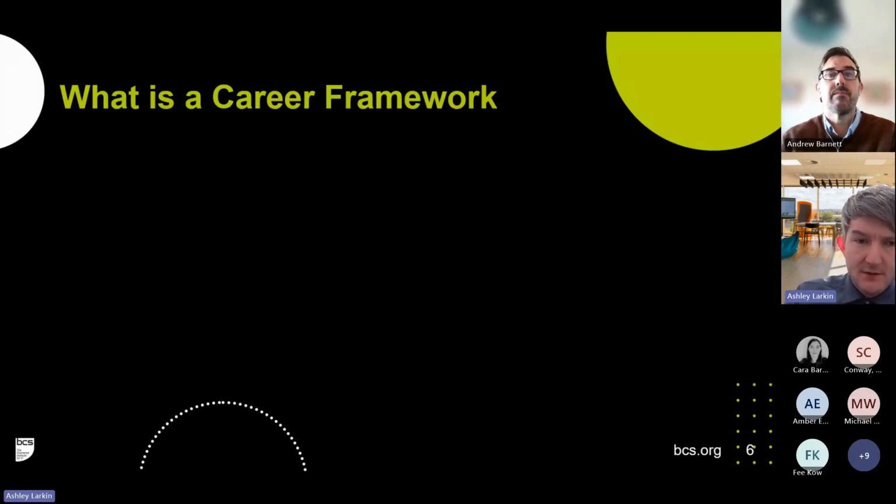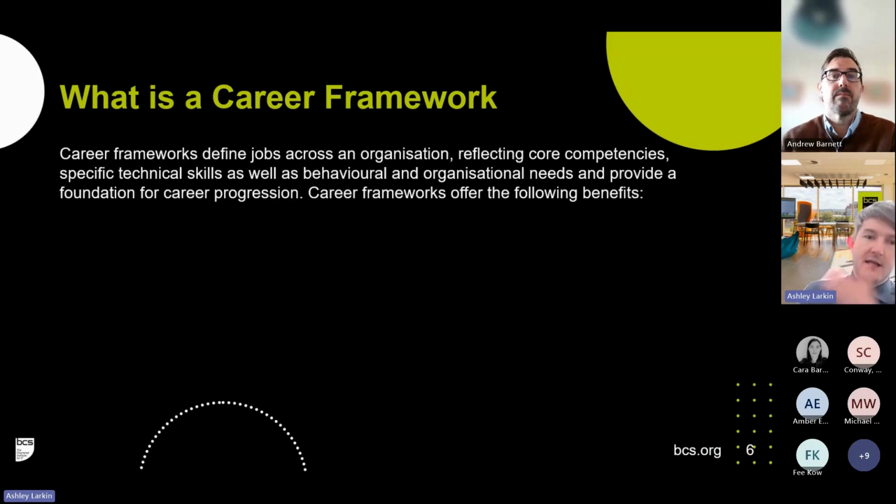Excellent. I just want to take a higher look at that and understand early on what a career framework is. Hopefully the organisations you work with do use a framework, and I think part of what we should reflect on today is what frameworks you're currently using.